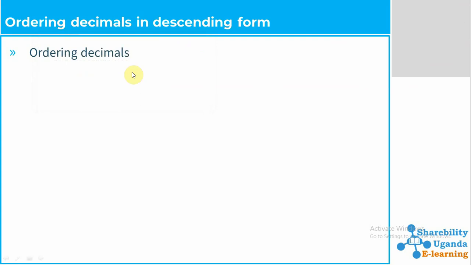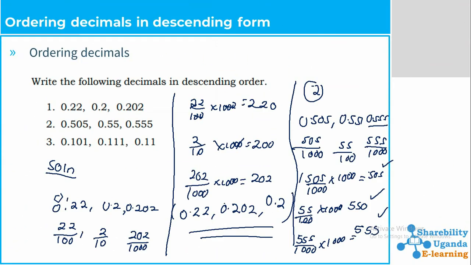We are looking out for our next number, and we have our next number as 0.101, then 0.111, then 0.11.